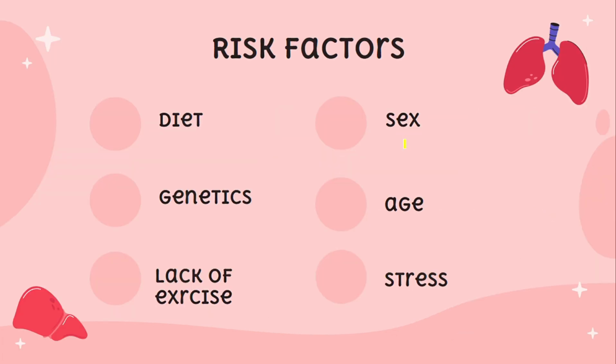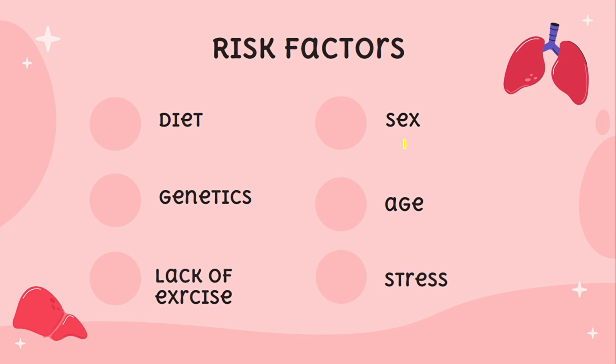So risk factors contain diet, sex, genetics, age, lack of exercise, and stress. So diet, if you're not having a balanced diet, eventually your heart won't be healthy. Depending on your gender, from one gender to another, you may have more risk of a coronary heart disease. Genetics, so it is related to your family genes.